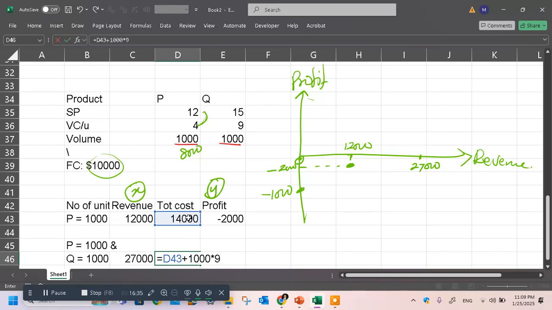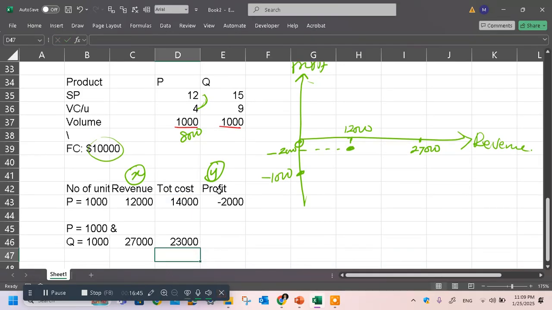This 14,000 includes fixed cost as well as P's variable cost already. So on top of that I have to add Q's variable cost only. 1000 into 9. 23,000. So how much is going to be the profit? 4,000. So at this point it's 4,000. I think 10,000 could be somewhere here.